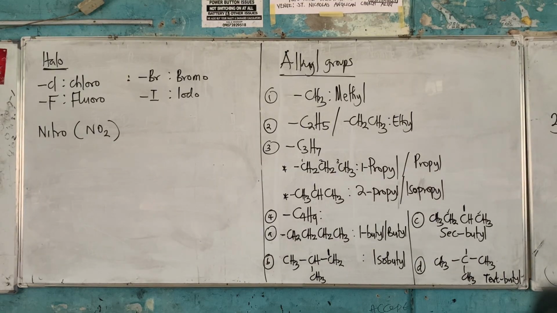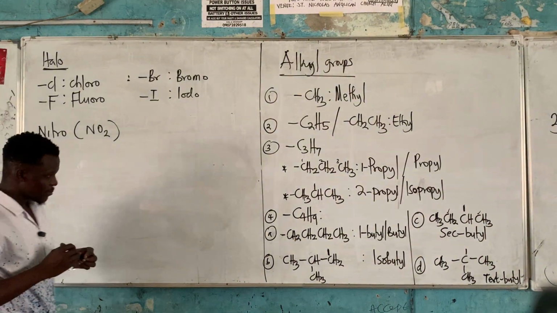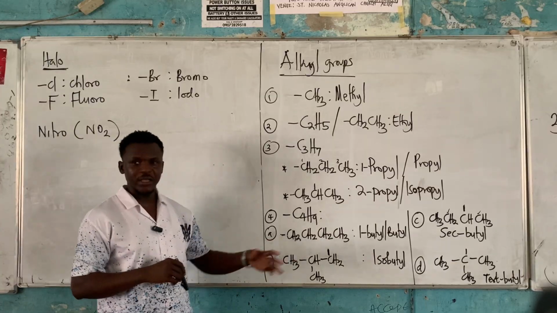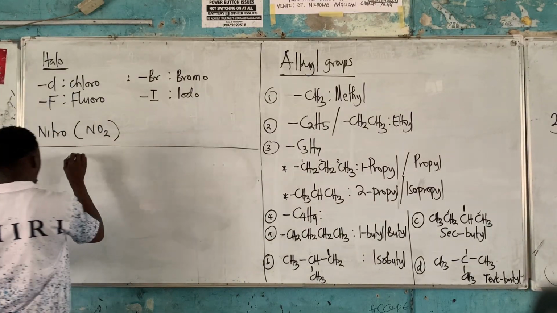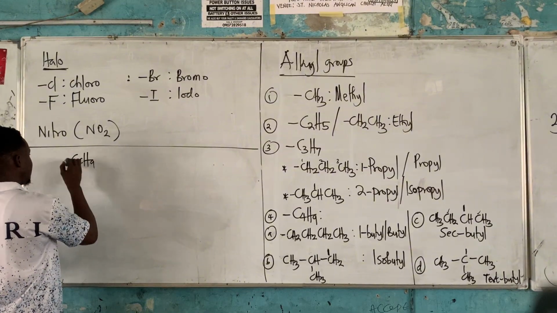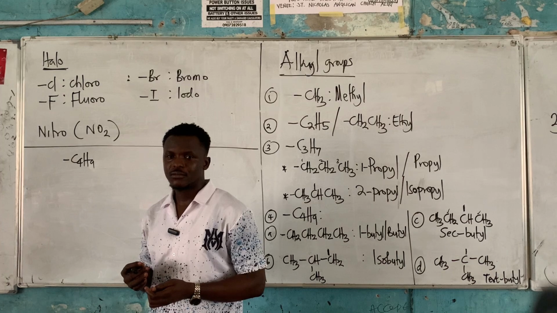Please, if you really want to understand how this name came about, it may throw you off balance, but I'll try, right? Just relax. Let me explain why we are calling them normal butyl. First, C4H9 is butyl because butyl is an alkyl.